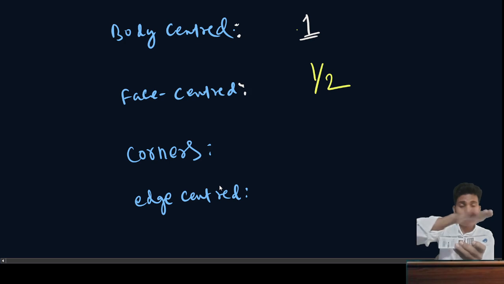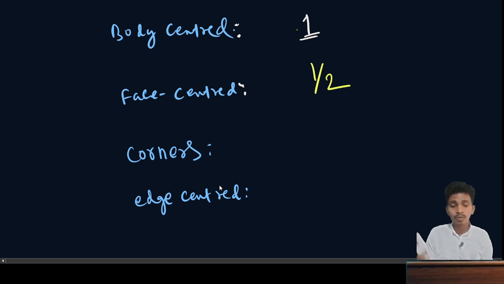If I take another one here, then this point will be completely covered. To cover the corner I need 8 unit cells, which means the contribution is 1 upon 8. For covering 1 corner we need 8 unit cells.